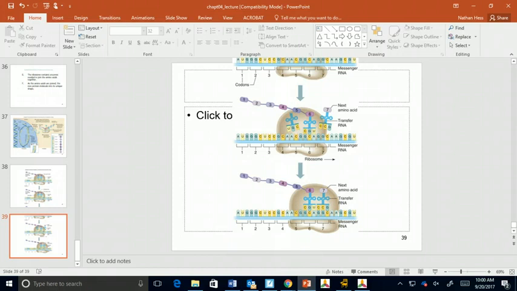It'll collect them and bring them to the ribosome where the messenger RNA is present. They are just in the cytoplasm, yes. Their job is to bind onto that one specific amino acid and take it to the ribosome to make these proteins.